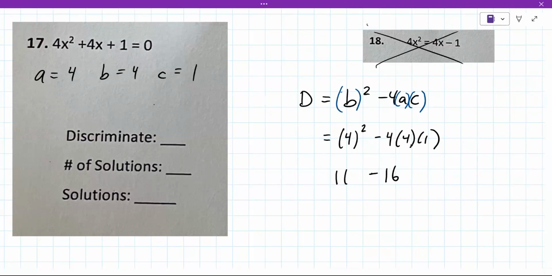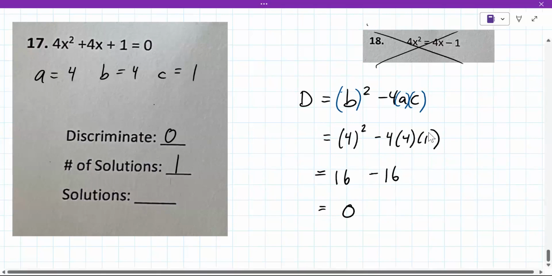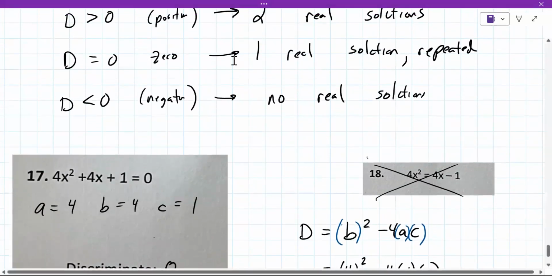Then the 4 squared is 16. So this becomes 0. The discriminant is 0. There's one real solution. That's the middle case here.